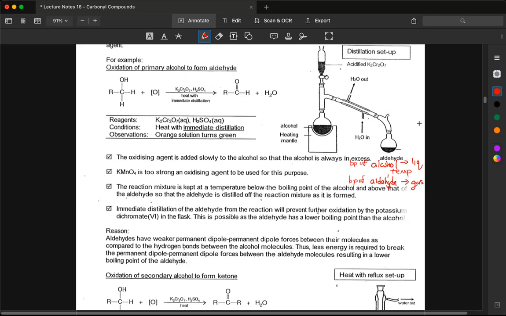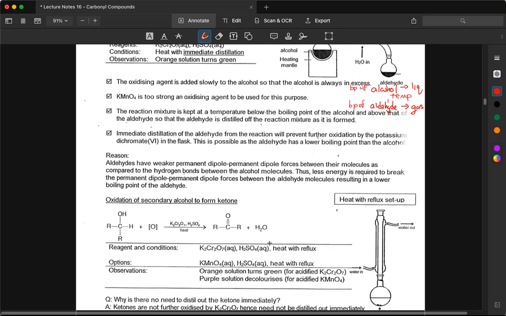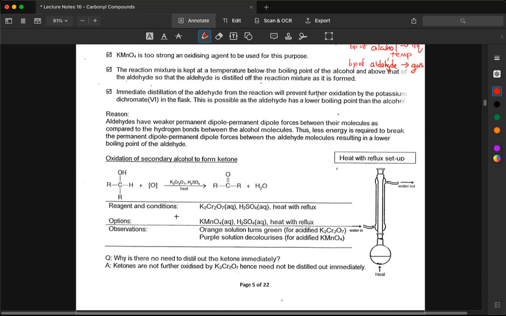So the gaseous aldehyde can be distilled off away from the liquid alcohol. This reason has been explained earlier.